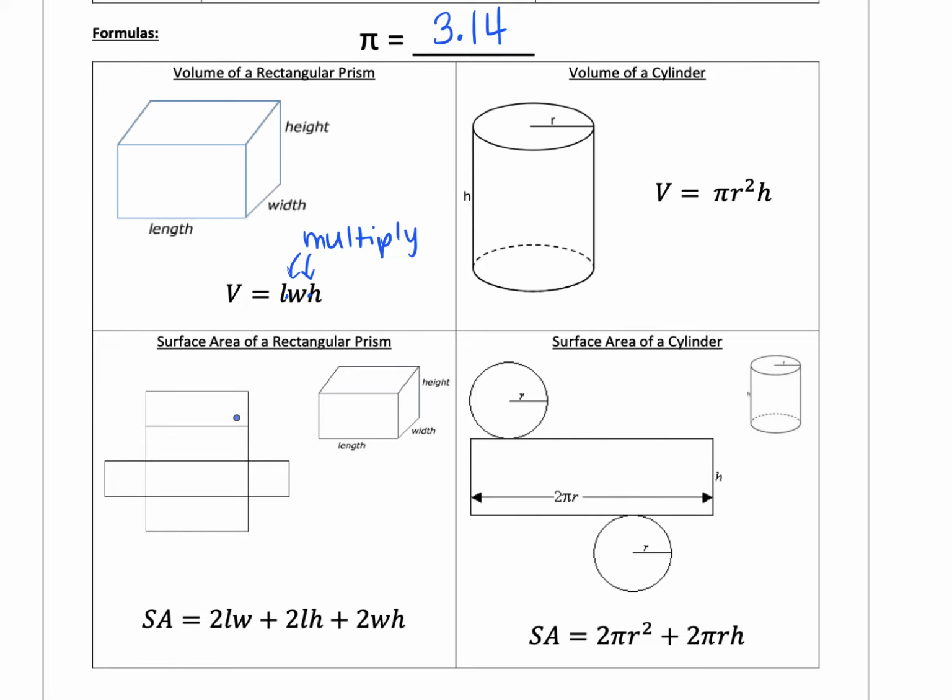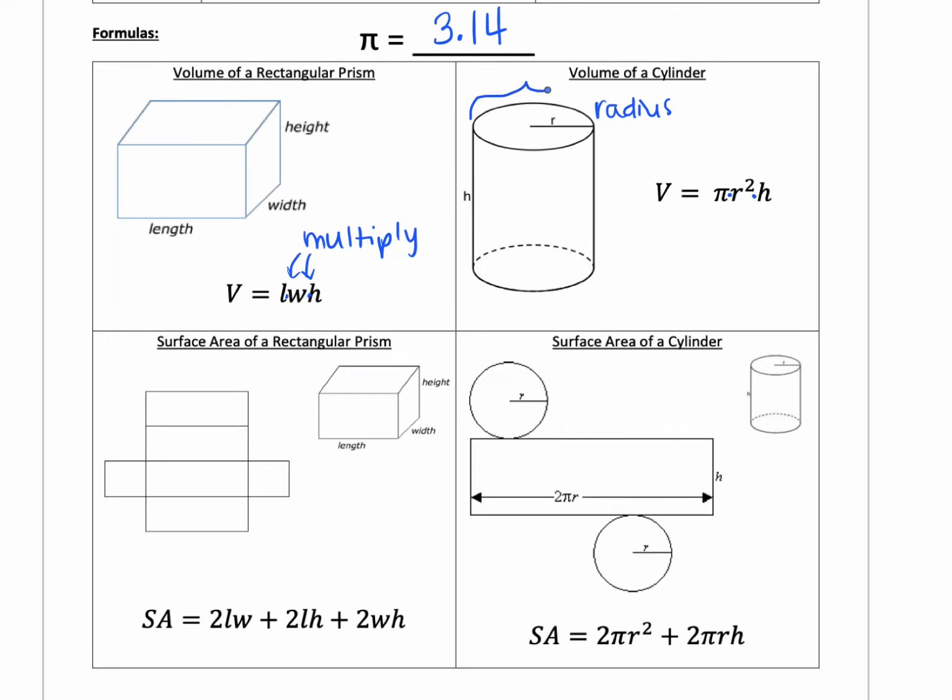Now for the volume of a cylinder, so how much is inside of a cylinder, we have V equals pi r squared h. So again, we're just multiplying here, but we're multiplying pi times r squared times h. So r in this case is the radius. And if you remember, radius is only half of the distance across a circle.